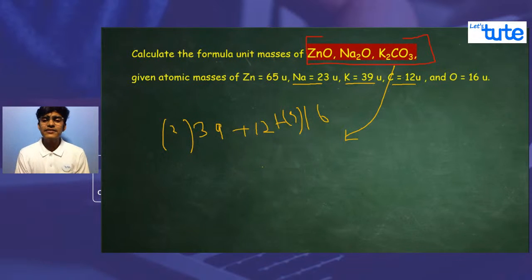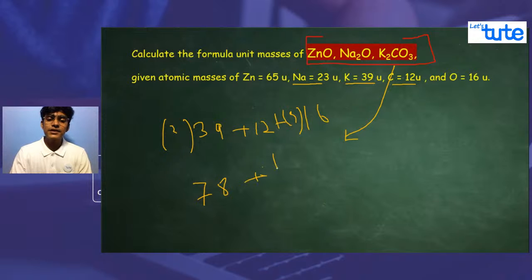Can anyone answer me in the chat box? So we multiply 39 by 2. That gives us 78. So 78, adding 12, plus 48.